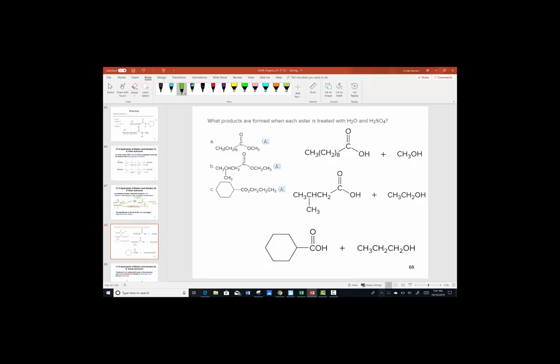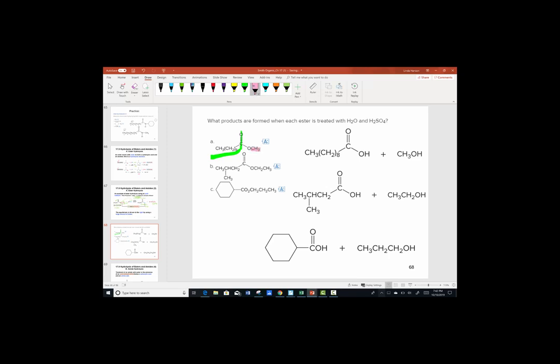We've got some practices. With our practices, it gives us letter A, B, and C, and it's asking us to predict the products for each. As we digest this, find your carboxylic acid part and find the alcohol portion.